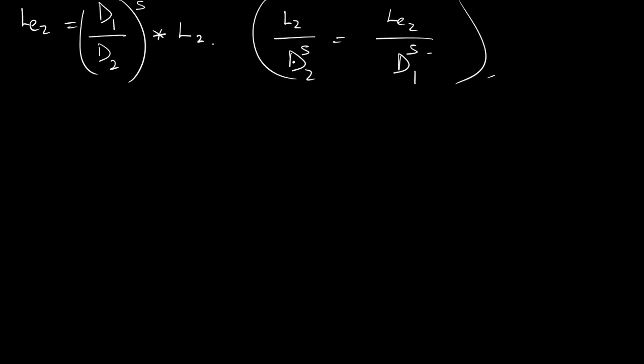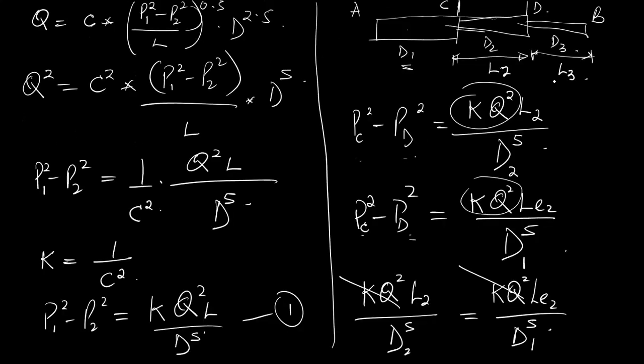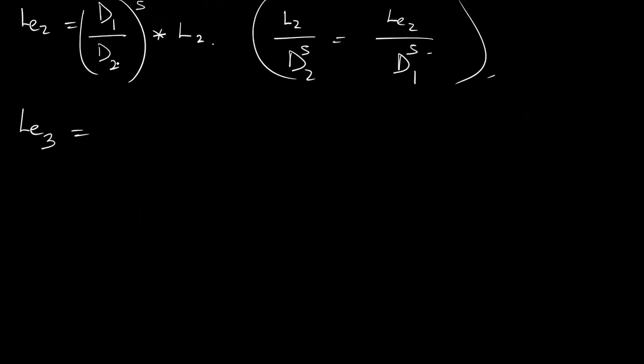So from here, if you use this to multiply this, you have this left. So that is what we did here. Now we can use this same thing to get the equivalent length of segment 3. So we can use this relationship.